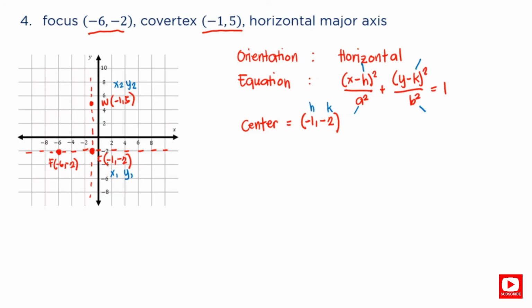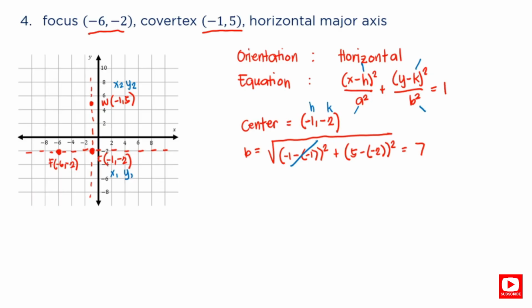So b is just equal to the square root of x sub 2, -1, minus x sub 1, which is -1 also, quantity raised to 2, plus 5 minus -2, quantity raised to 2. This will become -1 minus -1, that is 0. 5 minus -2 is 7. Quantity square is 49. Square root of 49 is 7. So we now have our b.